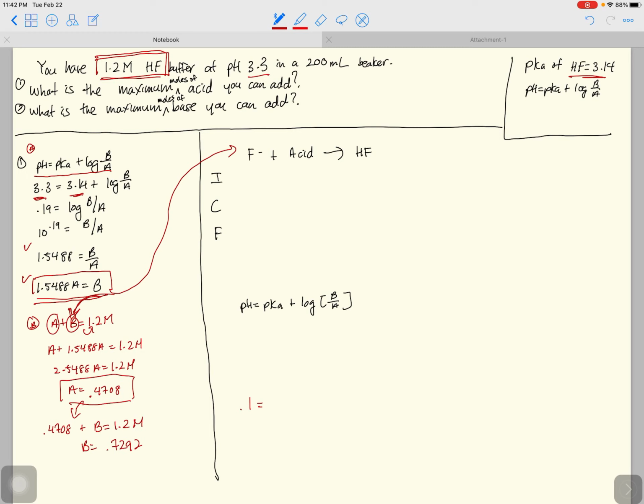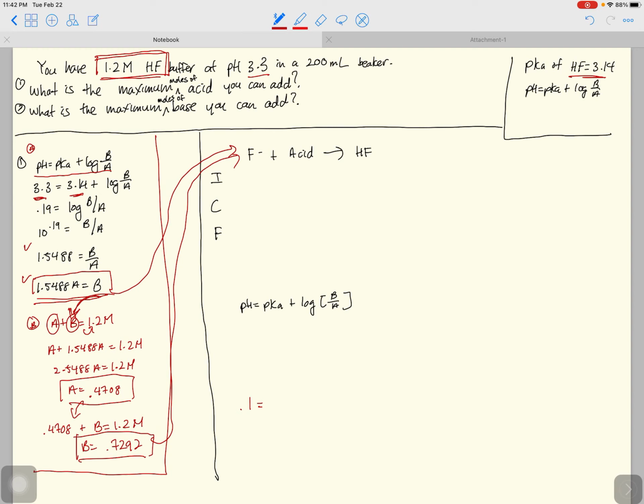Once again, if I've gone too quickly, please let me know in the comment section and I will explain a little bit more thoroughly. Now that we finally have the concentration of our acid and base, we can use a limiting reagent table. Now, quick question. The base, do I plug this in right here?